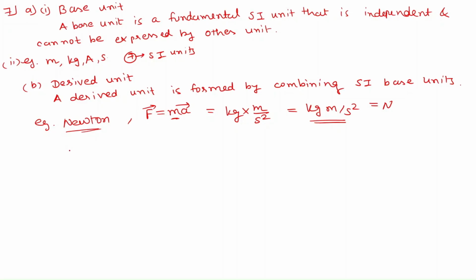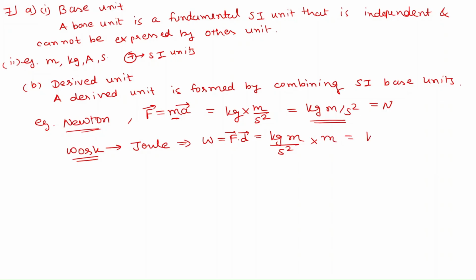The other example is work. The unit of work is joule. Work is given by F into D, where F is the force, which is kilogram meter per second square, and D is the distance or displacement, whose SI unit is meter.